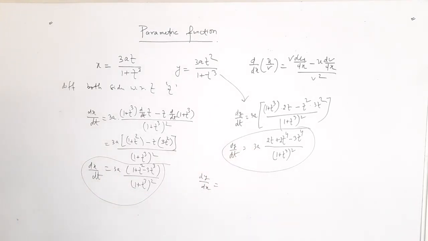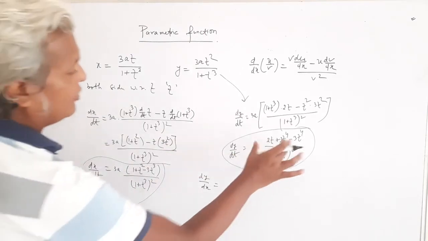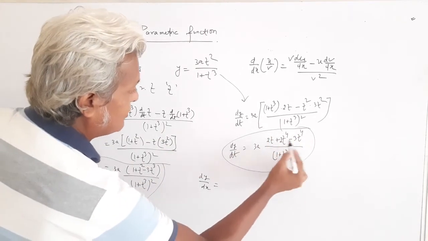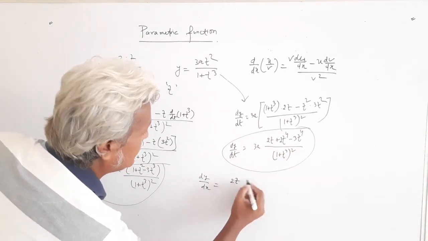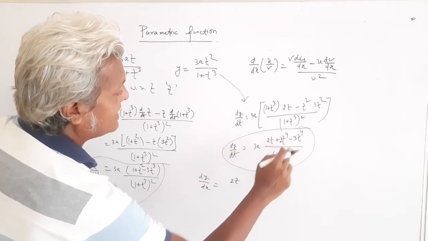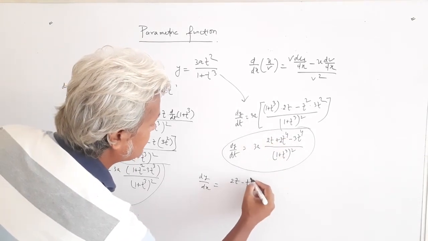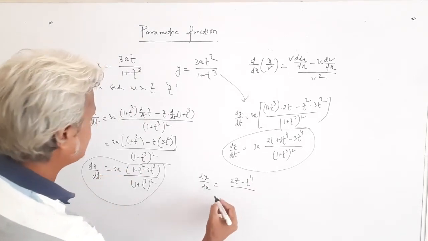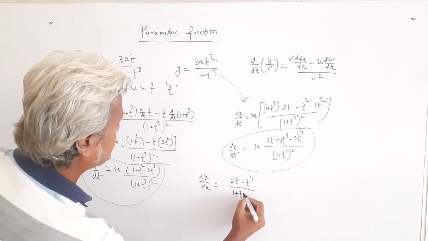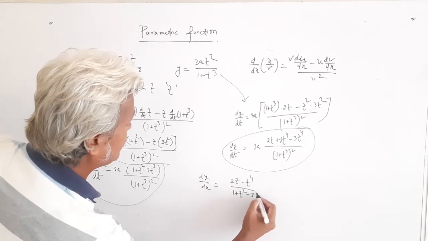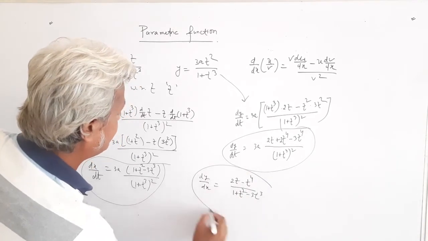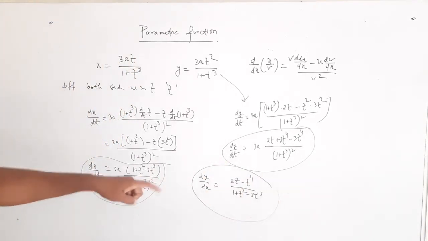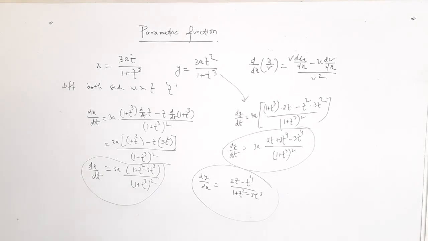So now what will we be left with? We will be left with the numerator. I can simplify here also. This is 2t, and 2t to the power 4 minus 3t to the power 4 is minus t to the power 4 over here. This can be solved in simplified form. So this is 1 plus t cube minus 3t cube. This is your dy by dx. I think you have got the idea.